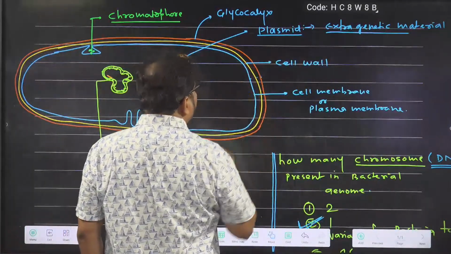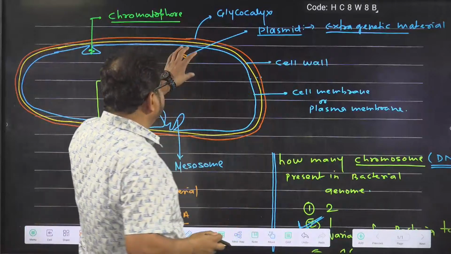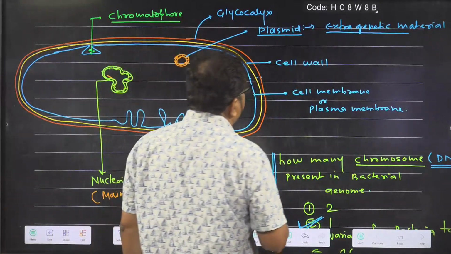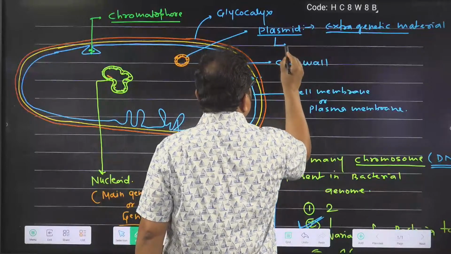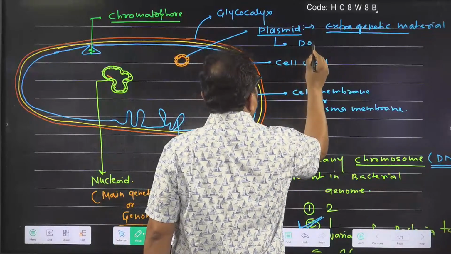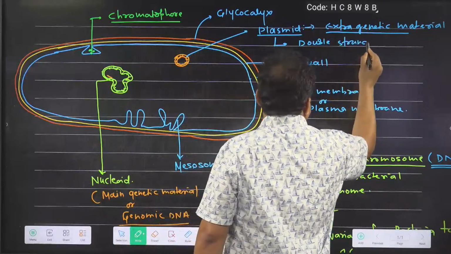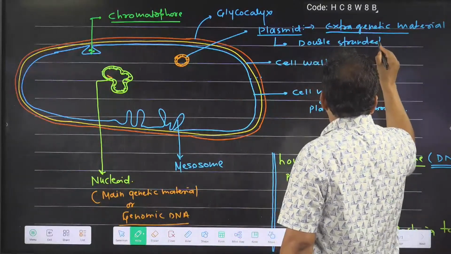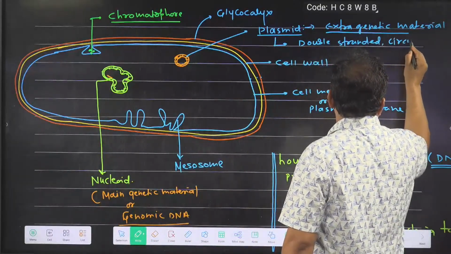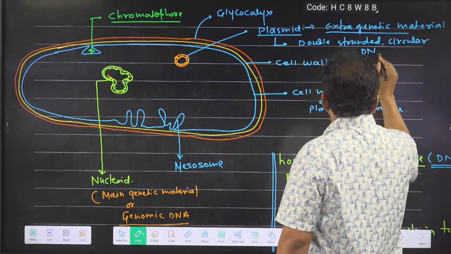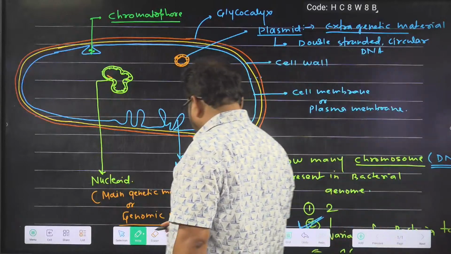It helps in some functions, but even if these functions do not occur by plasmid, bacterial survival is not going to be impacted. So plasmid is also double-stranded circular DNA.